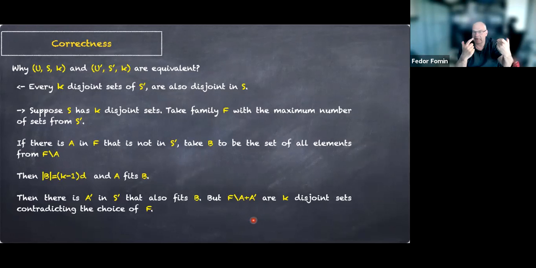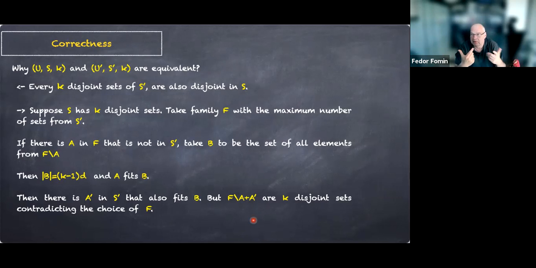A prime doesn't intersect anybody in the set B, so it doesn't intersect anyone in the set F minus A. So I remove one set from F and add another set, and again I have a family of size k.